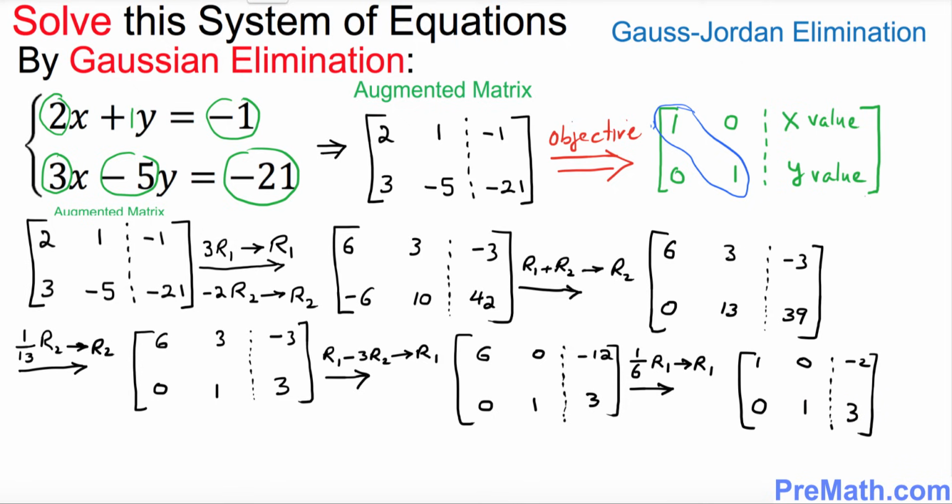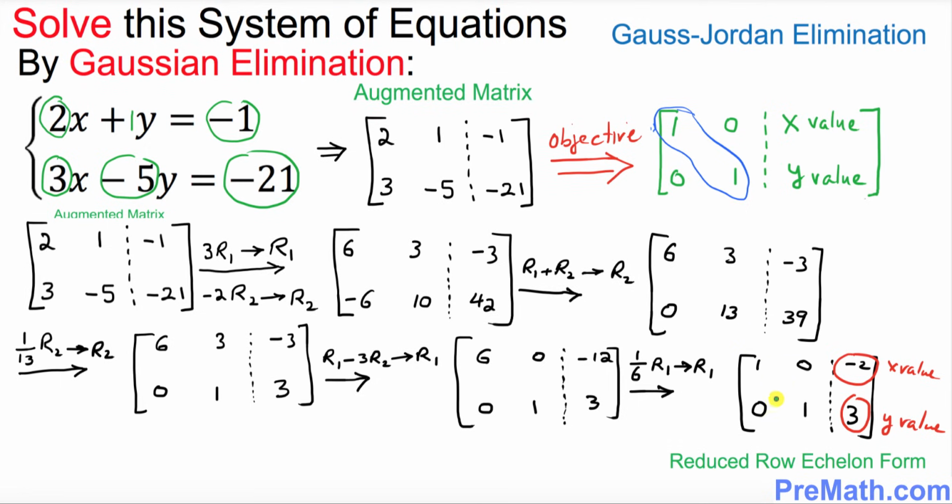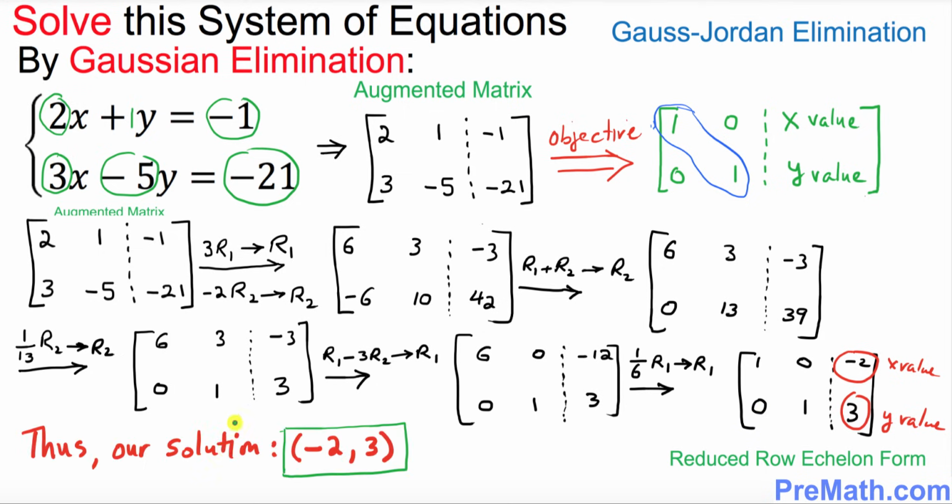So now as you can see, this is our x value and this is our y value. And one more thing, this 1 0 0 1 part only is called reduced row echelon form. That means that our main diagonal has 1s, the rest are 0. Thus our solution turns out to be negative 2, 3, where negative 2 is our x value and 3 is our y value.